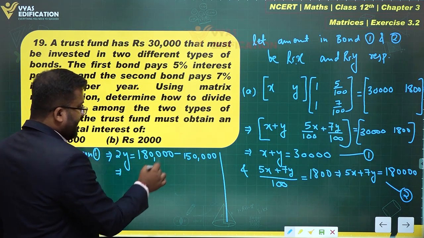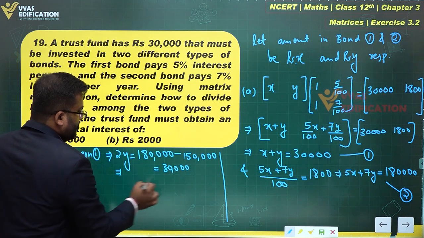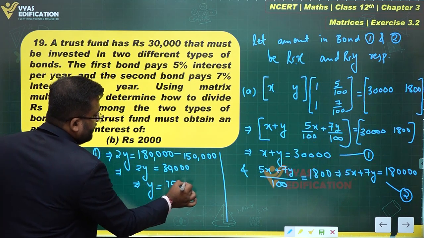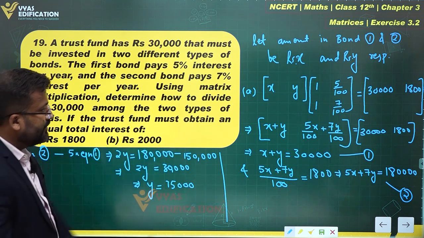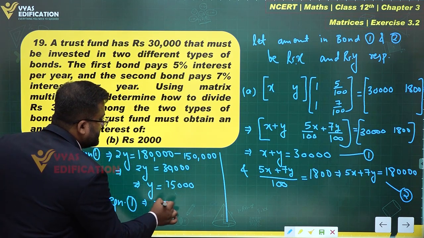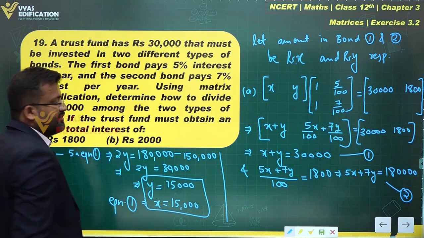This gives me 2y equals 30,000 or y equals 15,000. If y is equal to 15,000, then from equation 1 we get x is equal to 15,000 again. And yes, that is my answer.